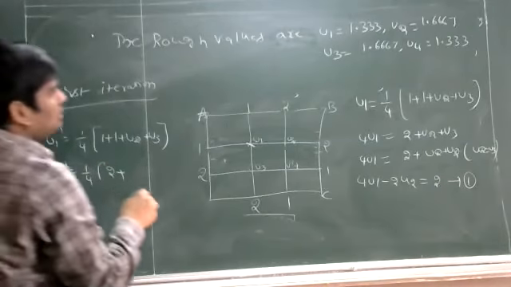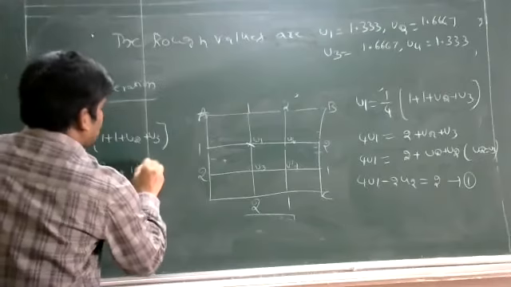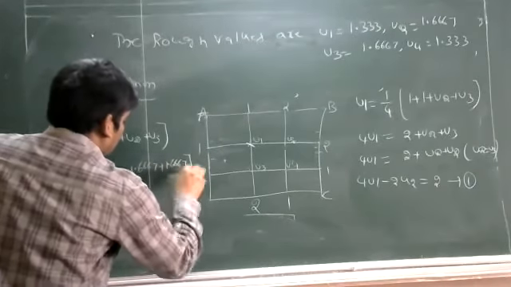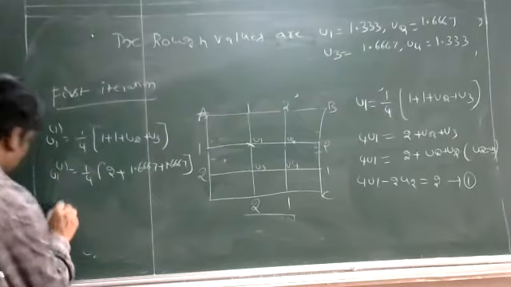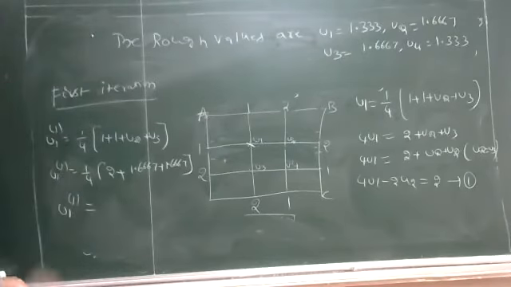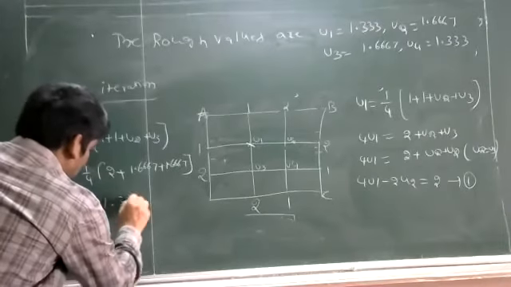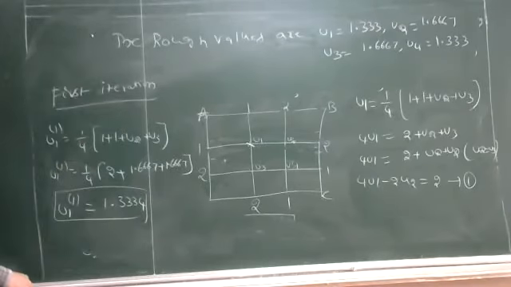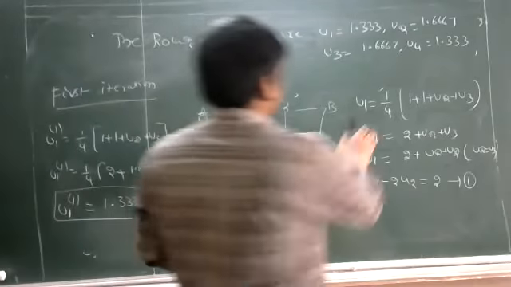What is u2? 1.667. What is u3? 1.667. So solve this and tell the value of u1 of 1. What is that value? 1.3334.